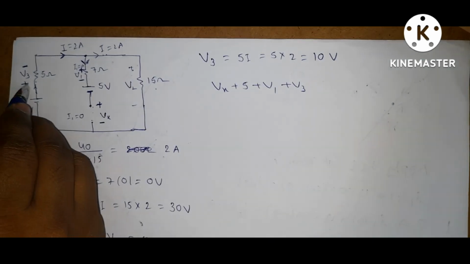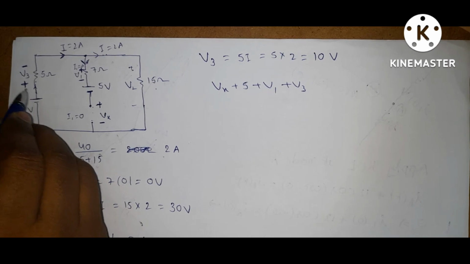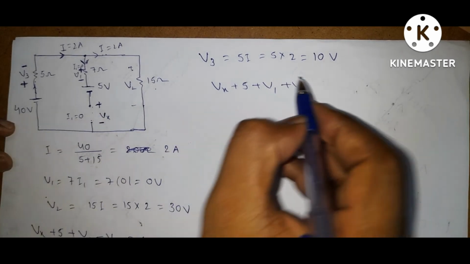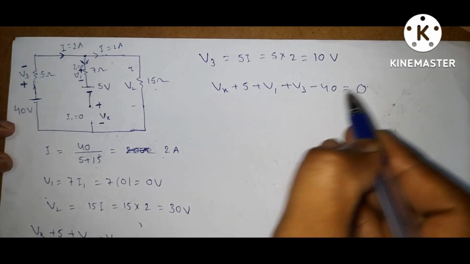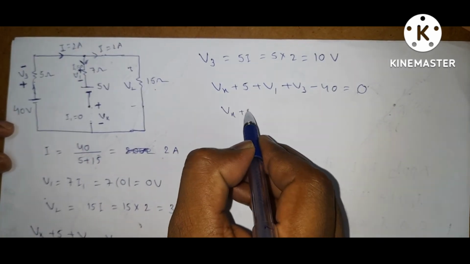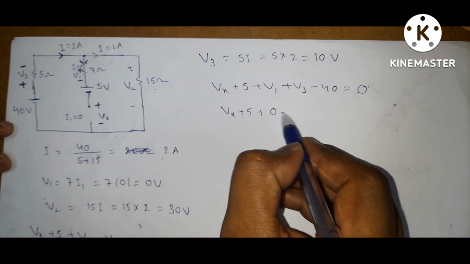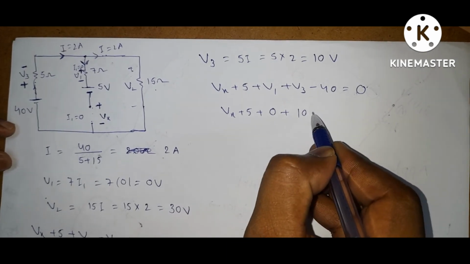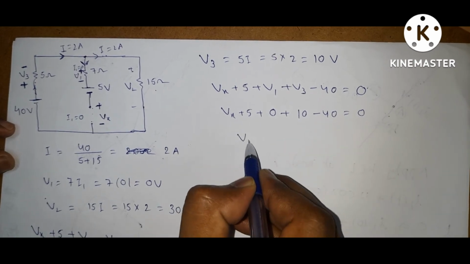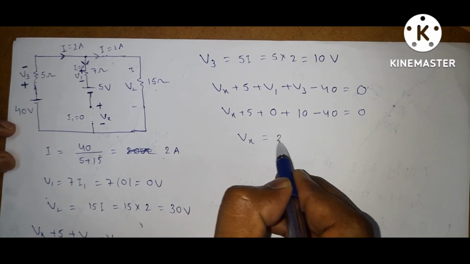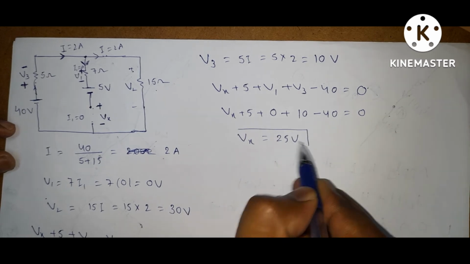But here this positive is connected to this positive, so it is minus 40 is equal to 0. Vx plus 5, V1 is 0 volts, plus V3 is 10, minus 40 is equal to 0. If you solve this equation, you will get 25 volts.